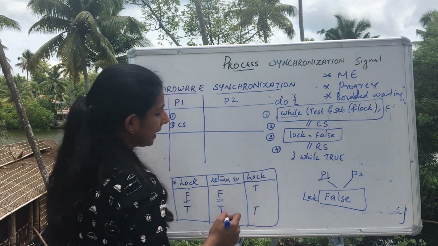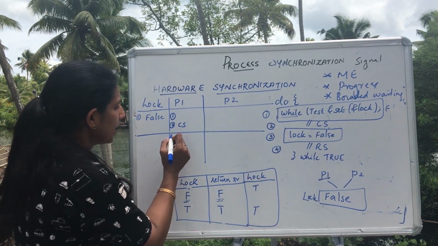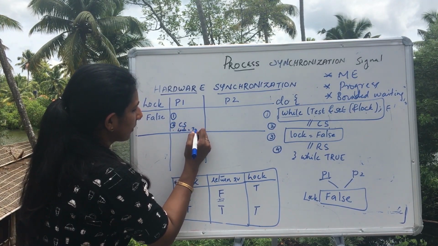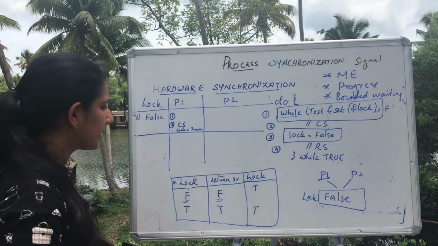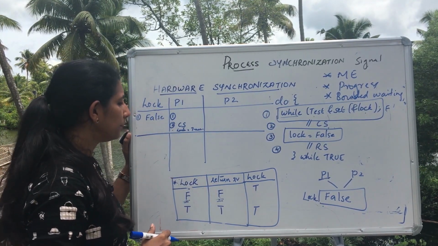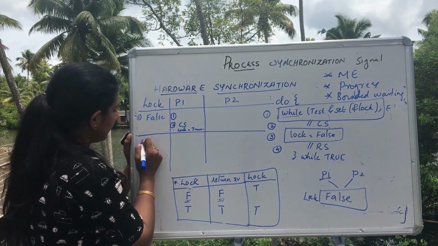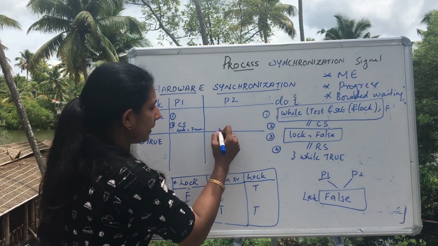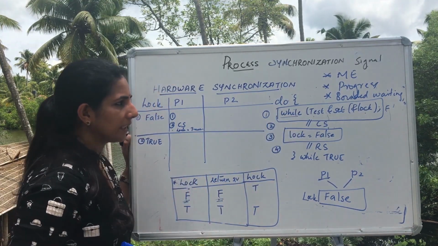Remember, after doing it, lock will be set to true. If you see the definition of the critical section using TestAndSet, I said the target will be set to true in line number 2. So here, this becomes true, and now P2 is trying to enter into the critical section.